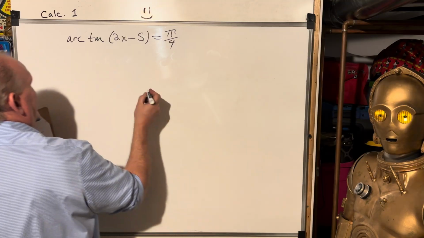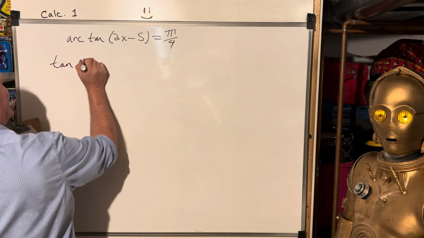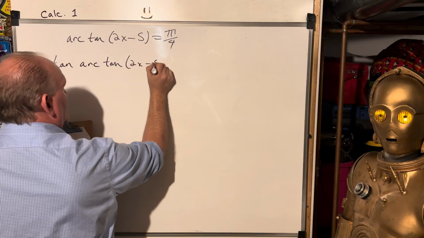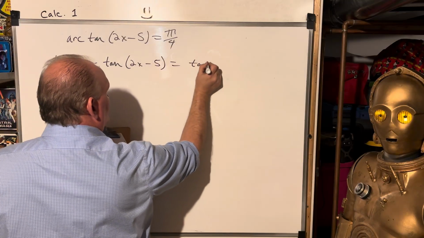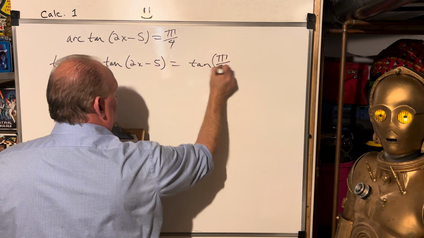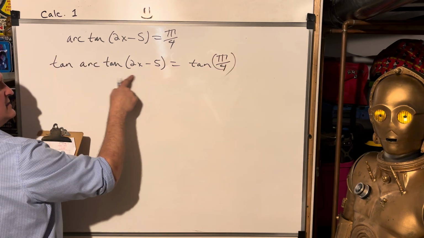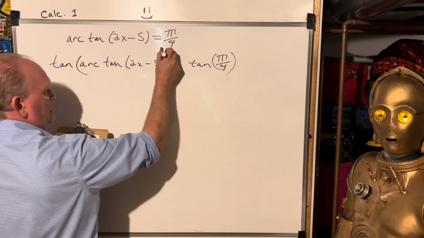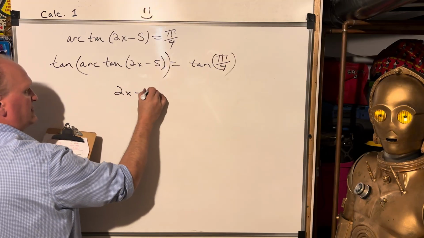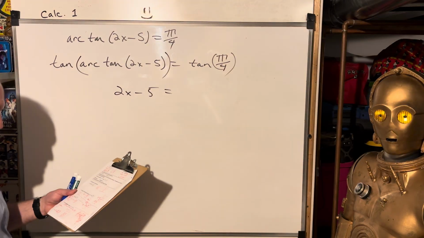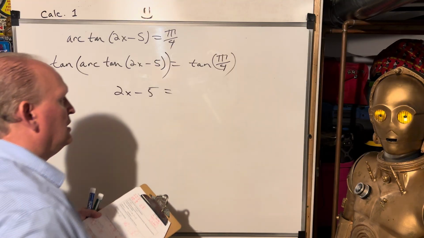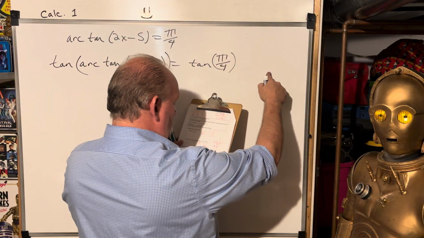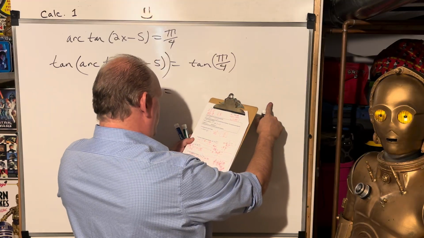So let's do the tangent of both sides. And that'll free up this. So the tangent of the arctangent of, it just gets me 2x minus 5. And then the tangent of pi over 4, that's 45, 45, 90. Remember, that's square root of 2 over 2 over the square root of 2 over 2.